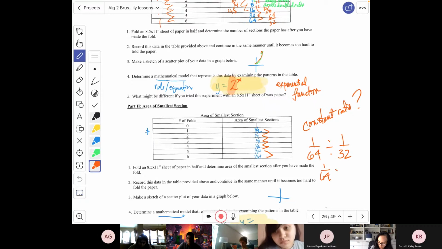We can't divide fractions. We multiply by the reciprocal, right? Is there a constant ratio for this table of values? Yes or no? Yes, Nathan says yes. What is the constant ratio?